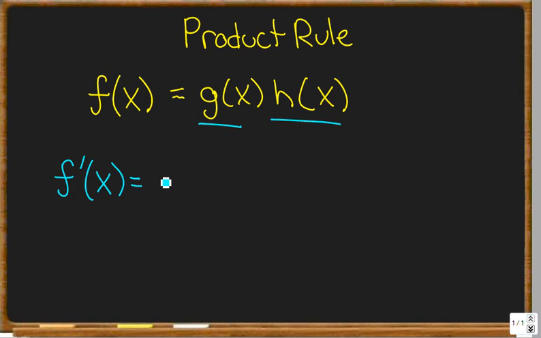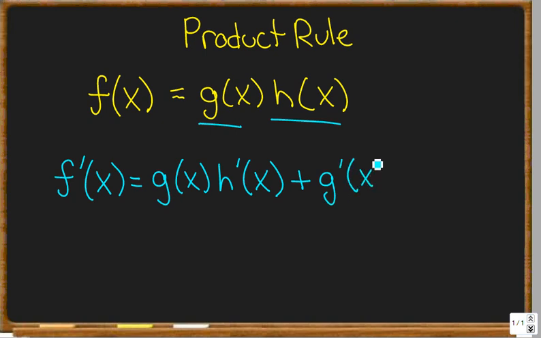So you can write it as that f prime of x is going to be g of x times h prime of x plus g prime of x times h of x.